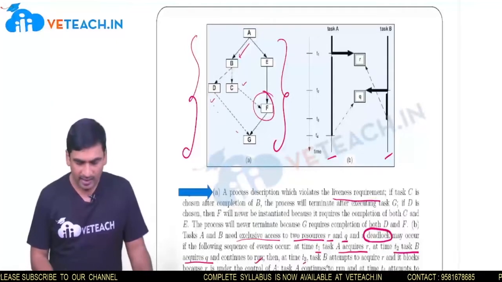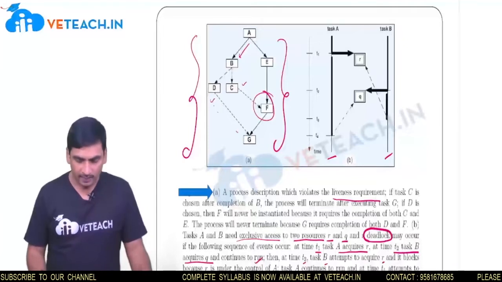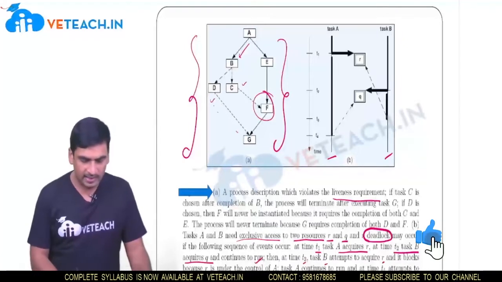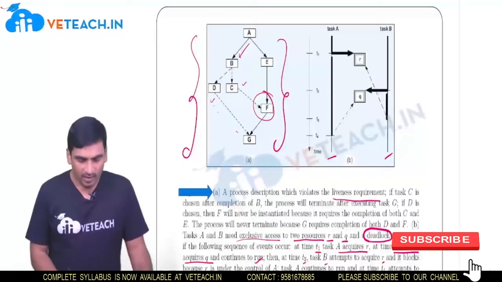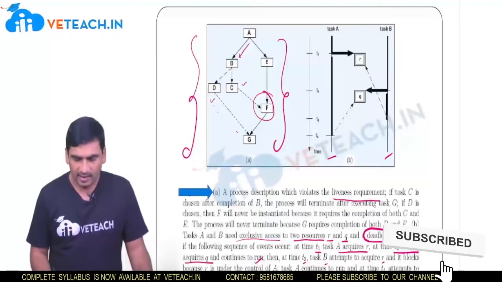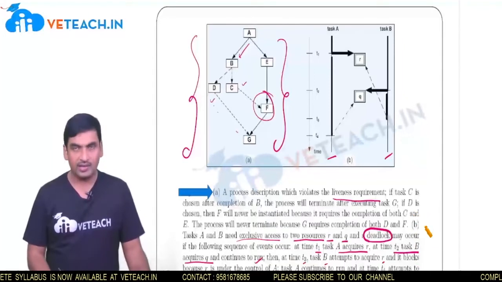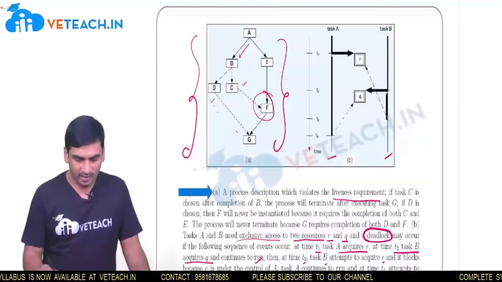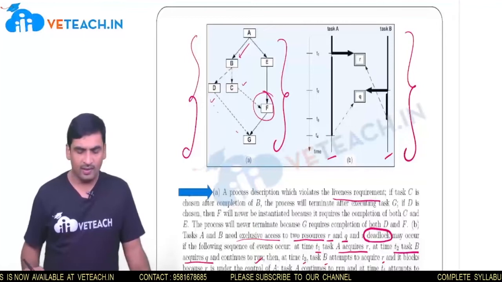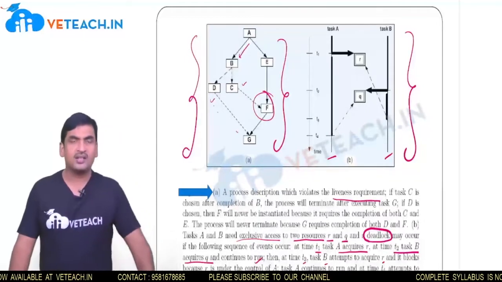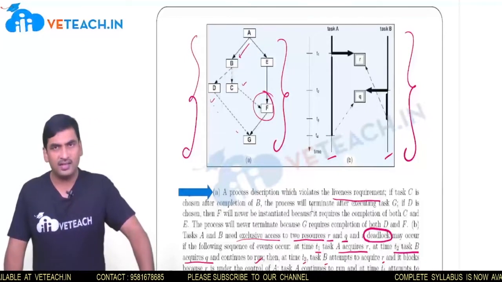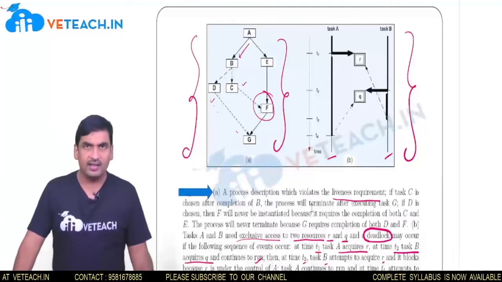At t3, task A attempts to acquire Q and it blocks because Q is under the control of B. At t4, task B attempts to acquire R and it blocks because R is under the control of A. So there is a possibility of deadlock, which is not expected. These violate the liveness requirement.